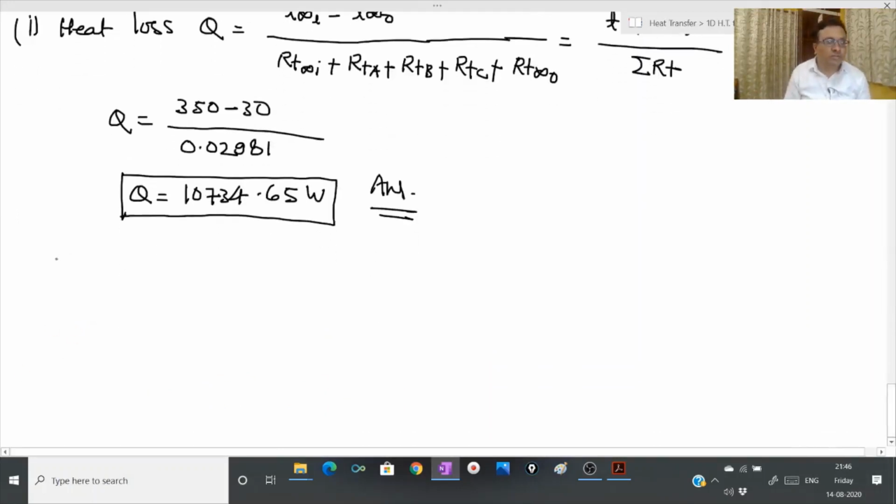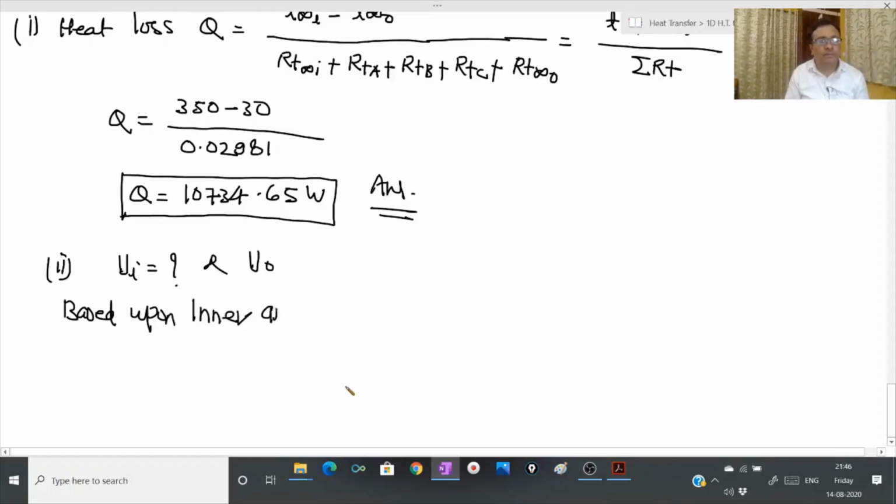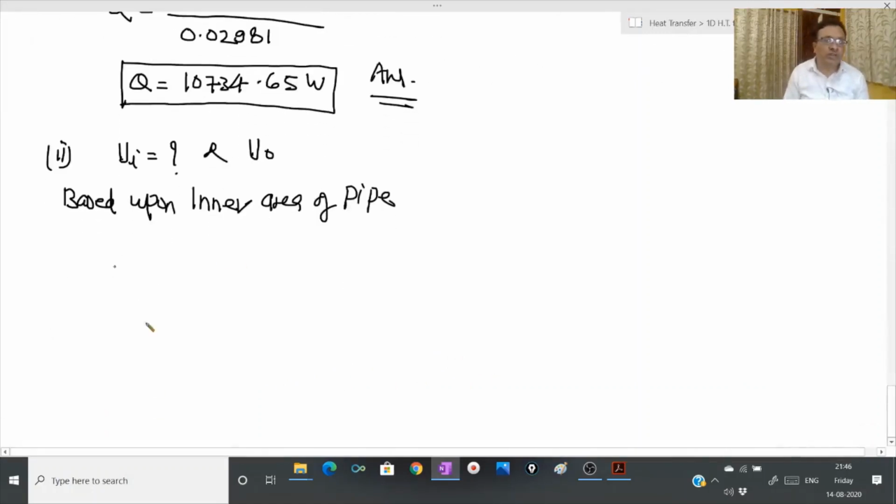The next parameters are UI and UO. So based upon inner area of pipe, what is the relationship between overall heat transfer coefficient and total thermal resistance?